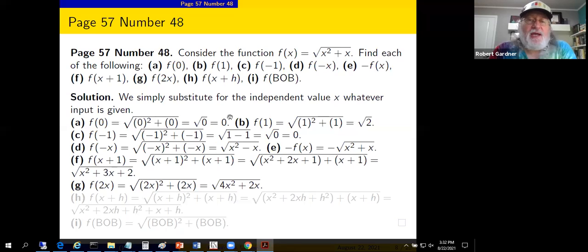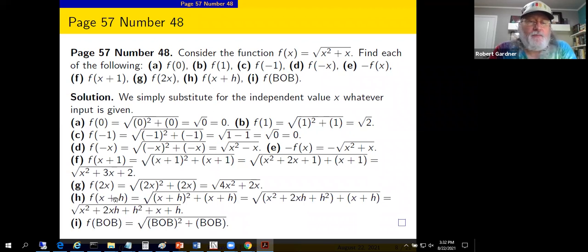Part H asks for f of x plus h. Wherever I see the x up here, I'll replace it with an x plus h. Just like we did with the x plus 1, except now we've got an h. So more letters, less numbers. Doesn't matter, treat them the same way.